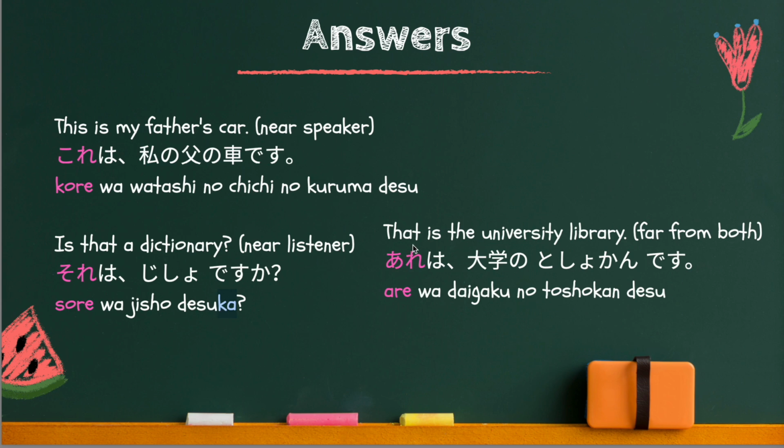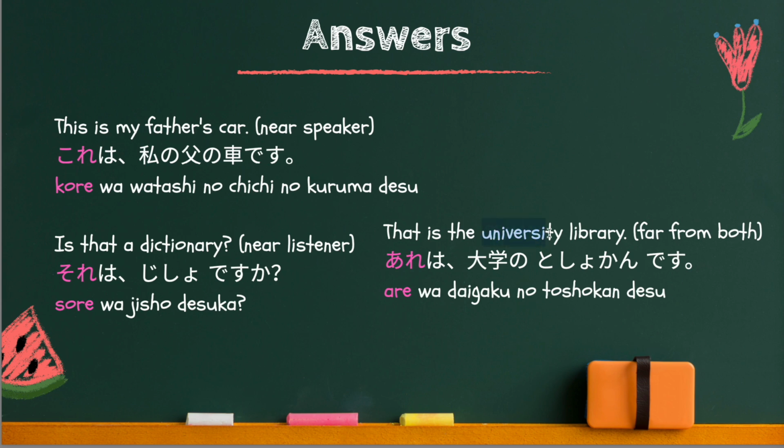Last one. That is the university library. あれは大学の図書館です。あれ is used because the library is far from both of us. And no particle is used here. Because library, that's the main idea.